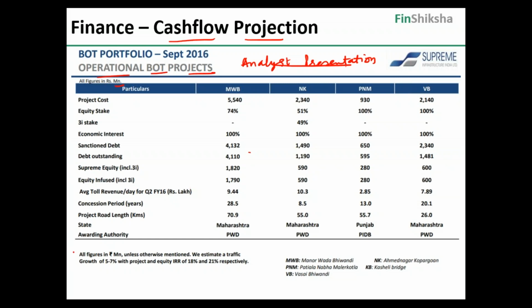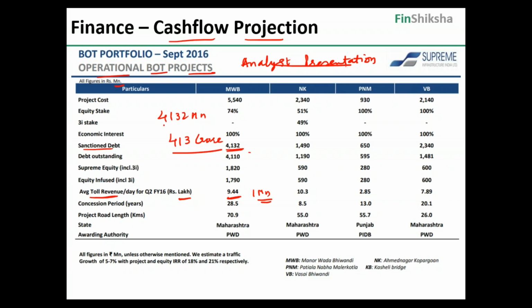All figures are in millions. So the sanctioned debt for this particular project is 4132 million or 413 crores. They would also mention that average revenue is 9.44 lakhs. This is in lakhs, not in millions.